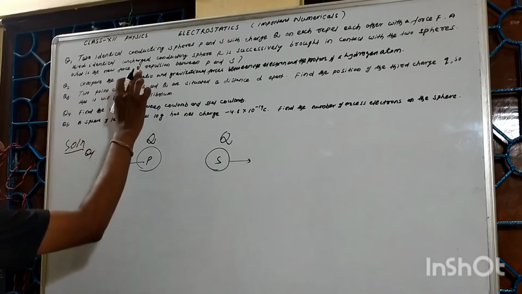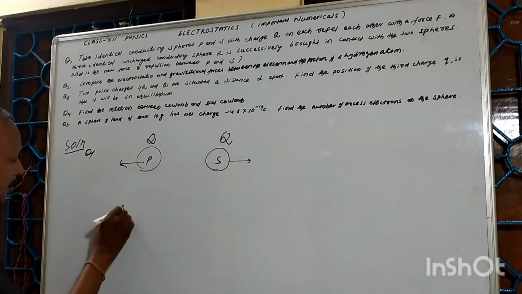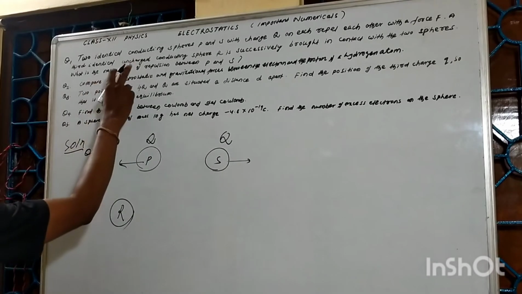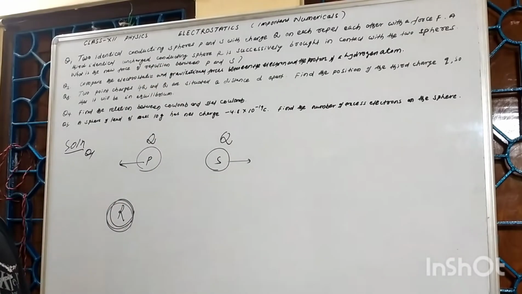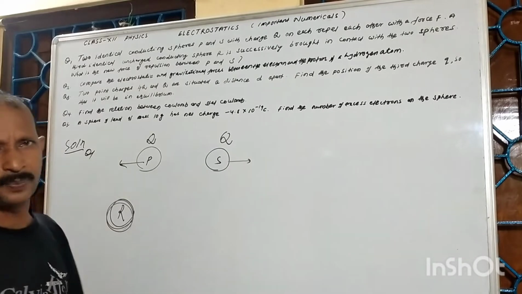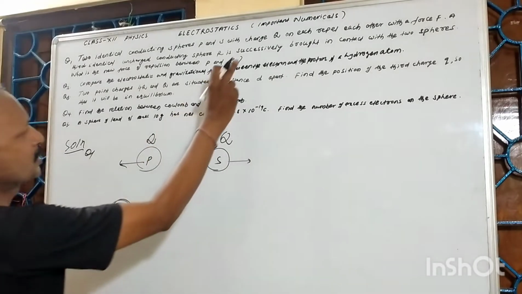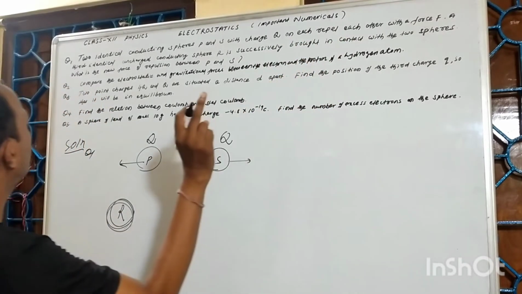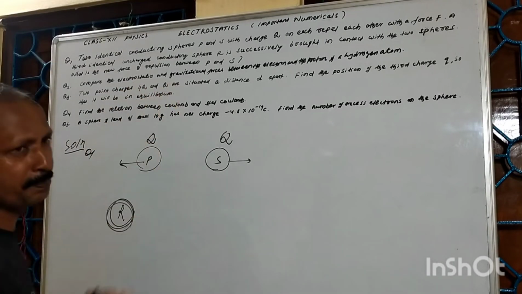A third identical uncharged conducting sphere R, which is identical but has no charge, is successively brought in contact with the two spheres. What is the new force of repulsion between P and S?